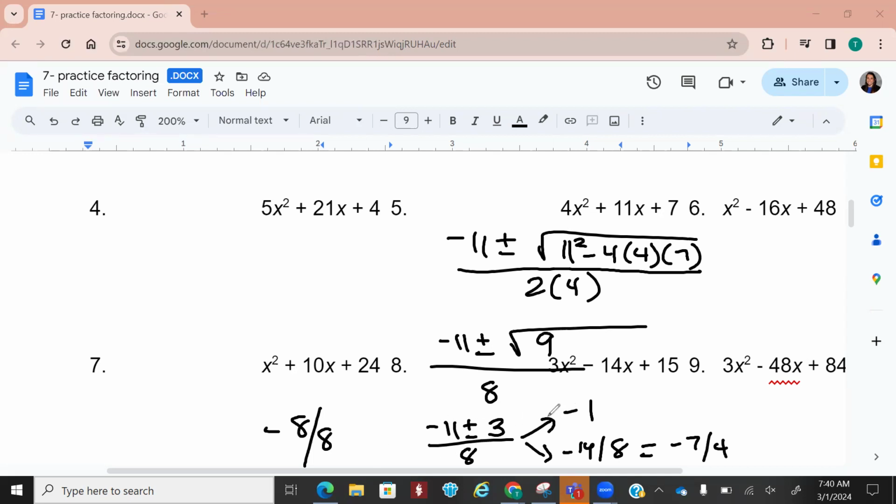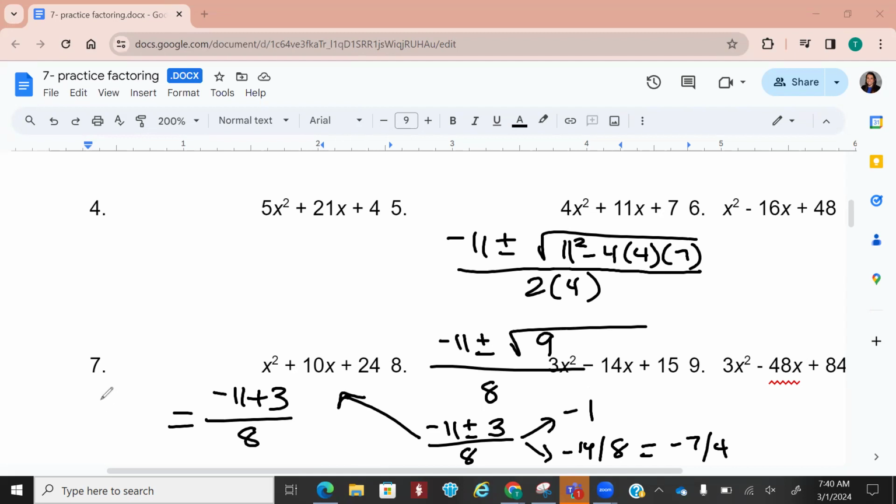Remember, these are 2 separate equations, right? Does that make sense? Like you get all the way down to here, right? So right here, this becomes negative 11 plus 3 divided by 8.